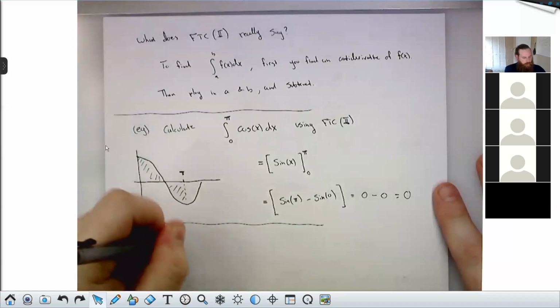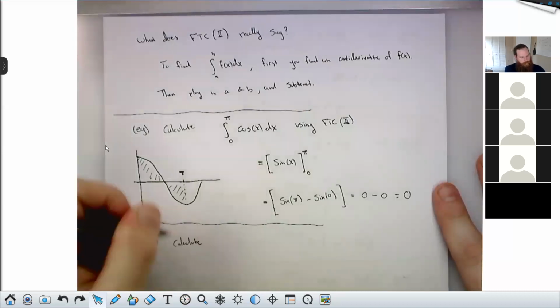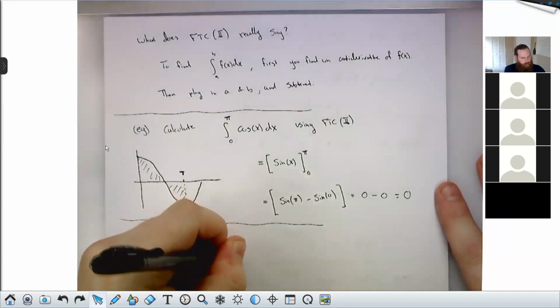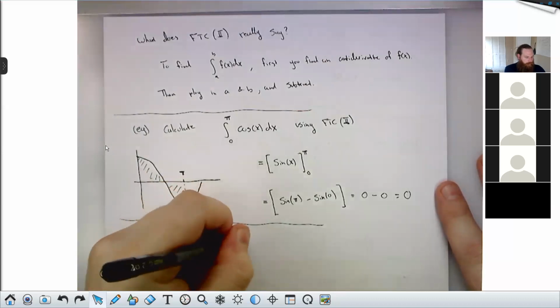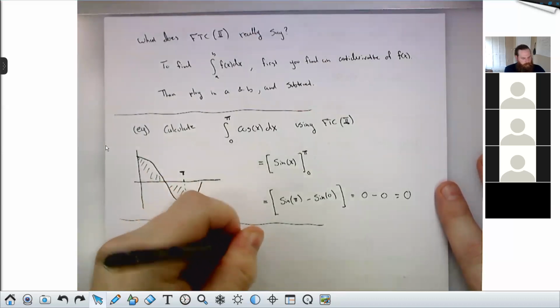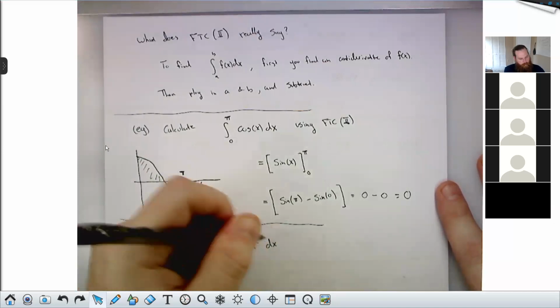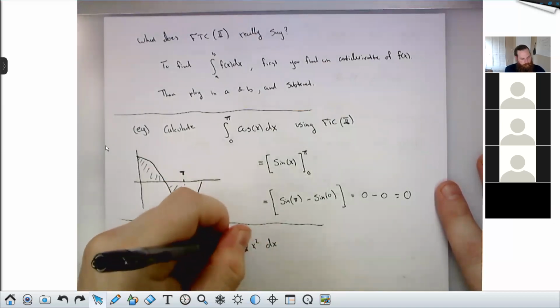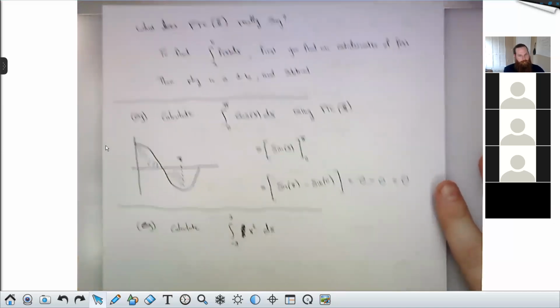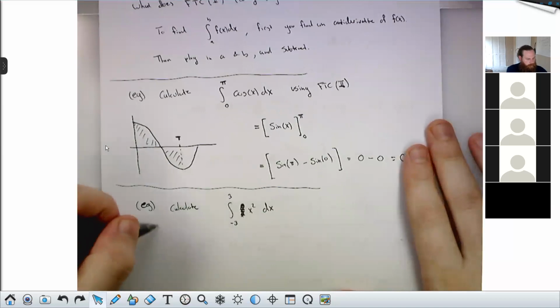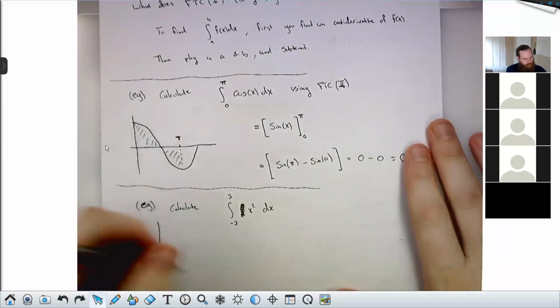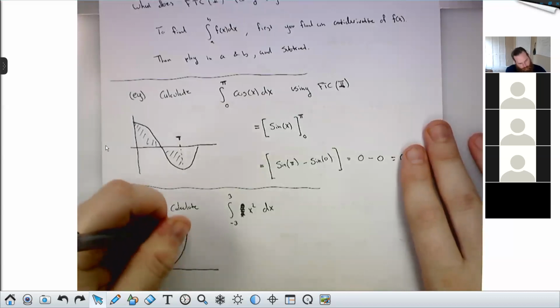I could calculate the integral from -3 to 3 of 1/2 x squared dx. Let's just do x squared. Forget the 1/2. There's a picture here as well, although we don't need it to do the calculation, you know what x squared looks like.